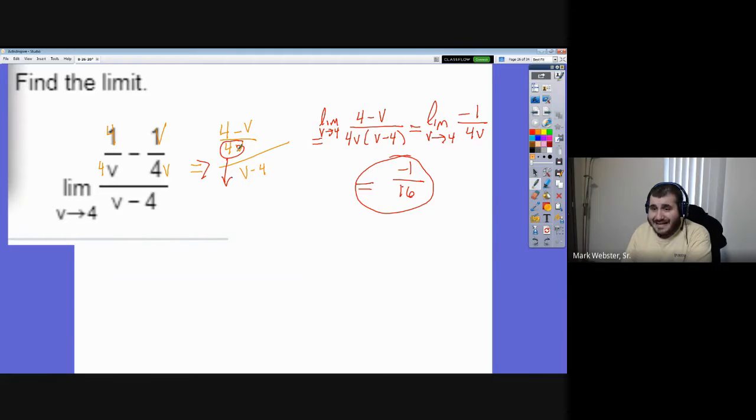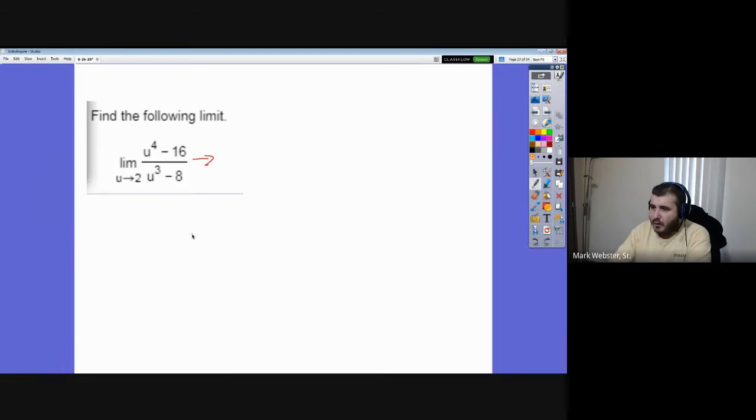So when in doubt, arrows are almost always better, actually. If you have arrows, they know not to mark it wrong if you're just sort of thinking with your hand on the paper. But if you have an equal sign, sometimes they won't like that. So when in doubt, arrows are great.